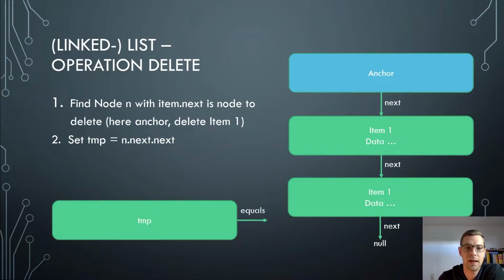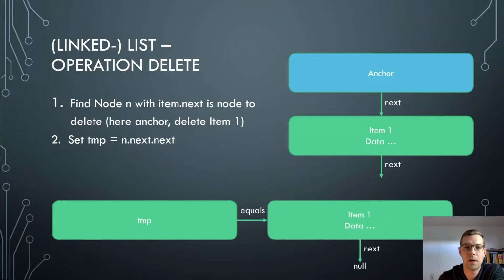So we take our temporary variable and set it equal to our item. So we basically split up our list now, and we can delete our item as the next item of the anchor, because otherwise we would also lose the pointers to all other elements after item 1.